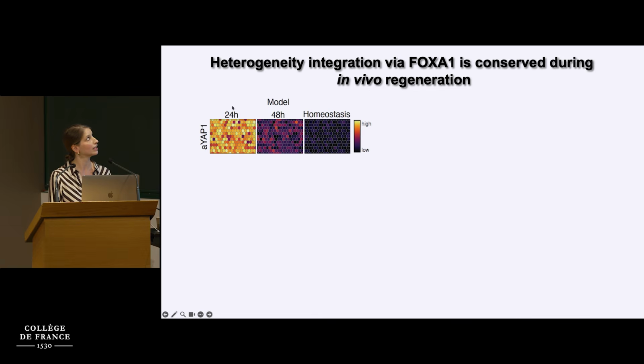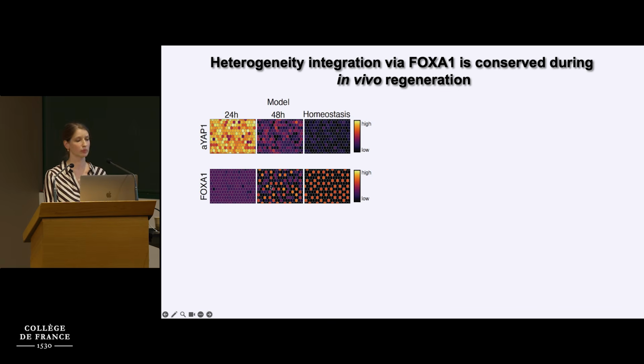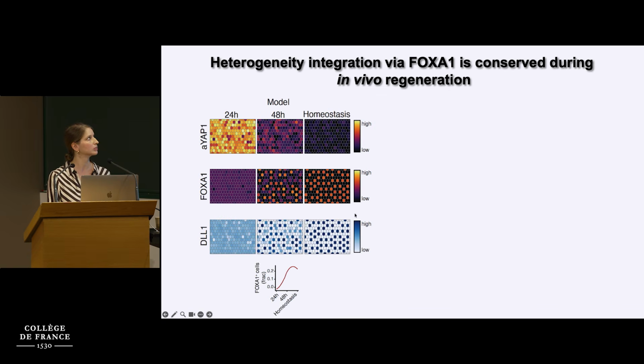Again, initially, YAP signal or activity is high, and then goes lower towards homeostasis. What will be the result here? On one hand, FOXA1 starts to get patterned once YAP is already sufficiently downregulated, but still heterogeneous. We also found that there should be a peak of FOXA1 prior to reaching the homeostatic and stable state, because here delta patterning will be maintained even though YAP activity is already downregulated.